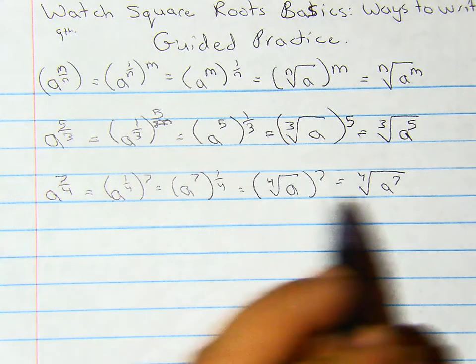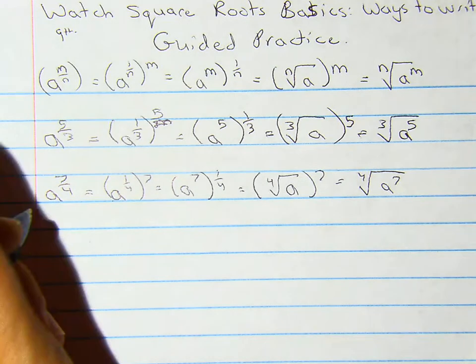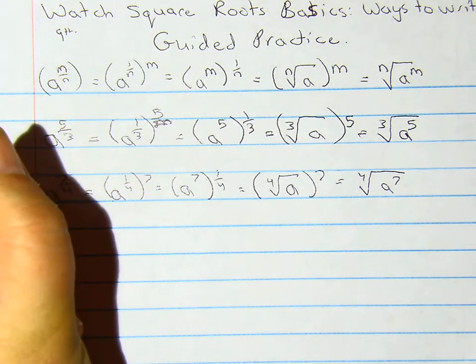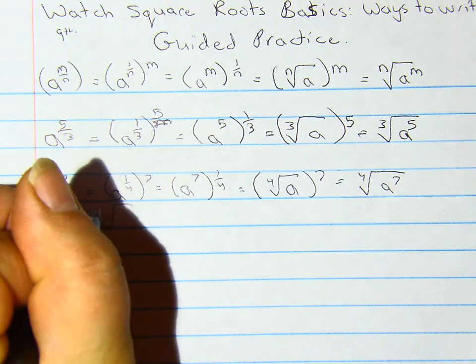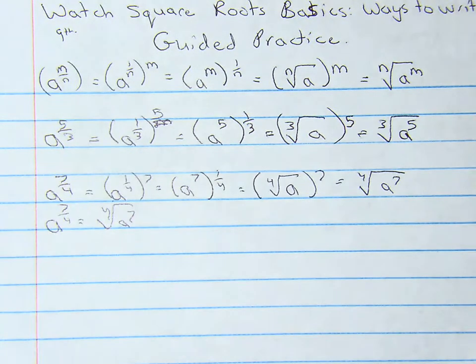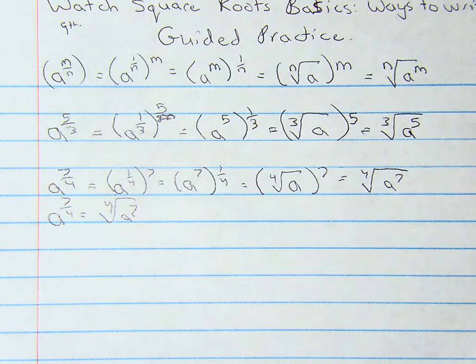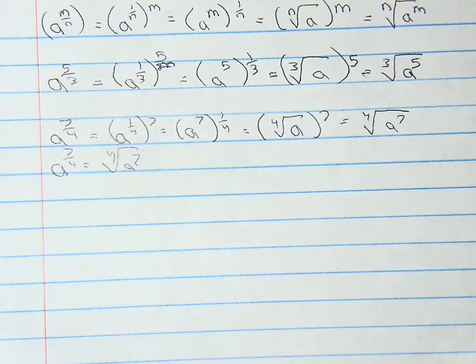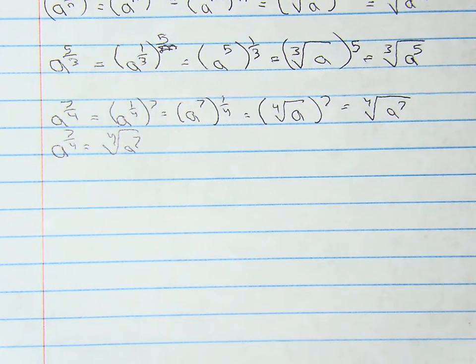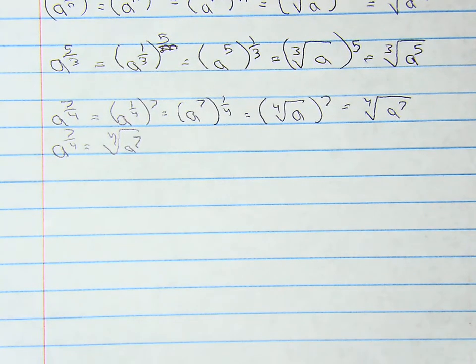An important part from this is to note that a to the 7/4 is the same thing as the fourth root of a to the seventh. You can use these as notes. It is important to write these down, because everything you write down not only increases retention, but also makes it so you can refer back to these later if need be.